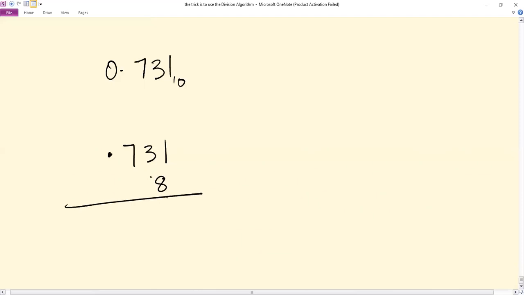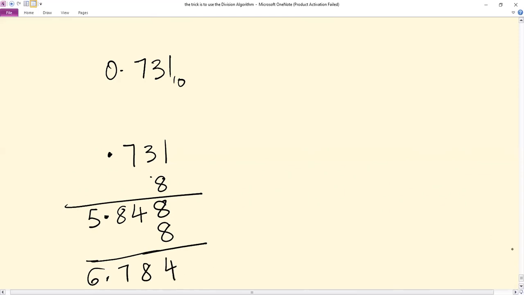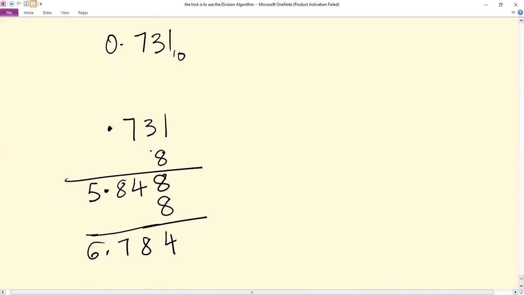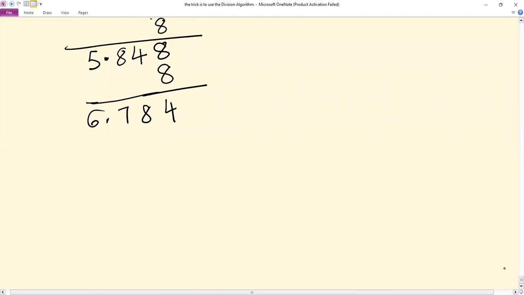When you multiply by 8, we get 5.848. Next, we multiply by 8, but remember you're multiplying 0.848, excluding 5, and that will give us 6.784, and then multiply again by 8.